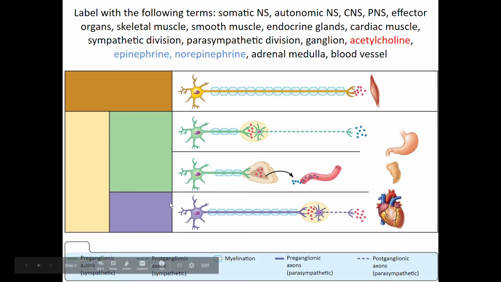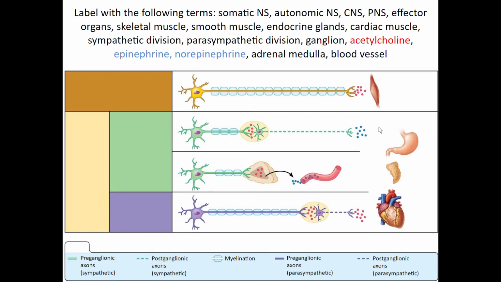And then last of all, down here in purple, we have the parasympathetic division of the nervous system, which sends out an axon and uses acetylcholine to activate this other postganglionic neuron, which then uses acetylcholine to activate target organs like your heart, for example.